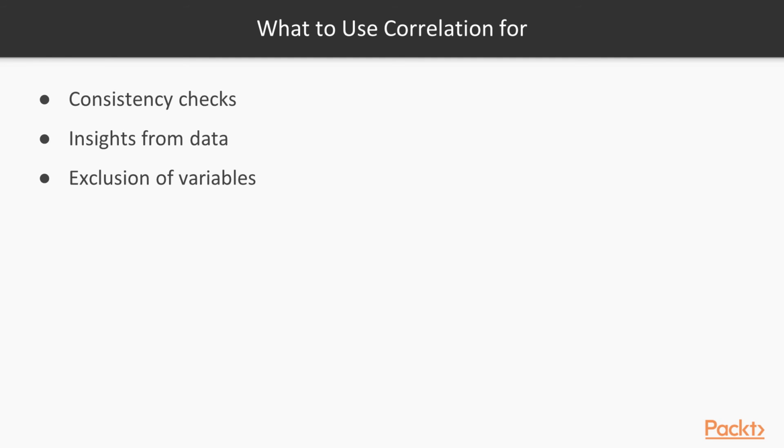As a third reason, there is the exclusion of variables. There are some models, like for instance linear regression, very sensitive to the presence of explanatory variables strongly correlated among themselves. Those models tend to produce unreliable results if this kind of variables are included.